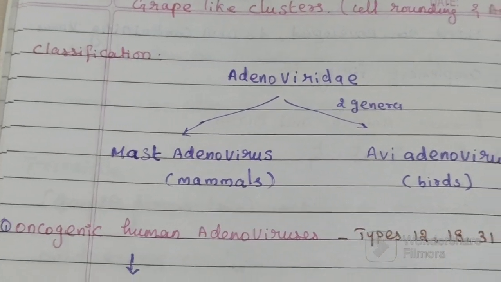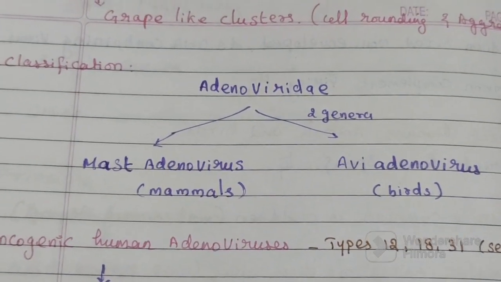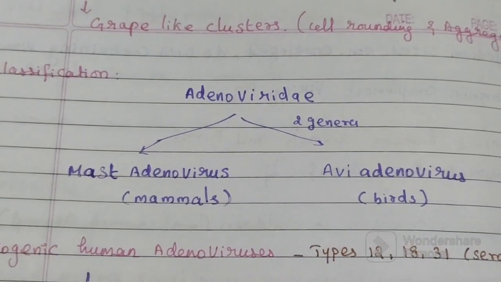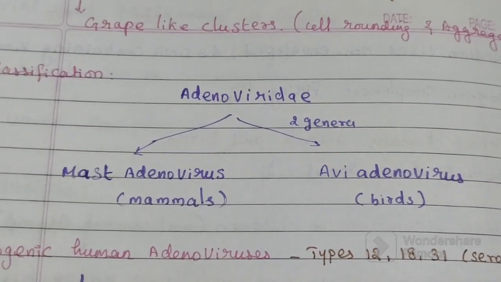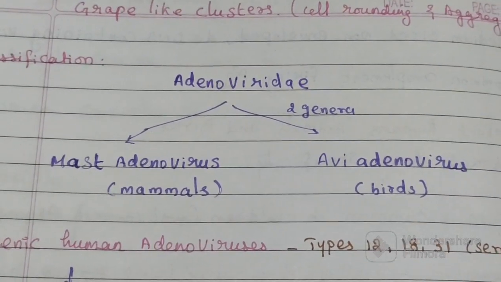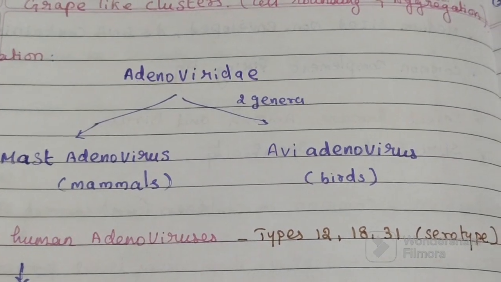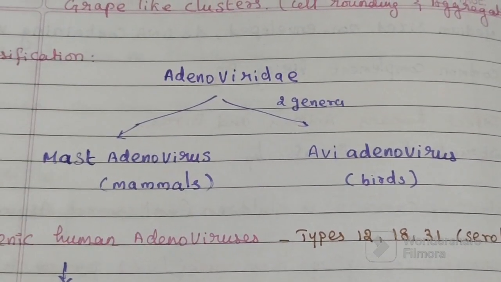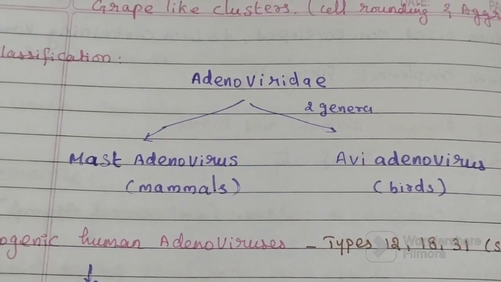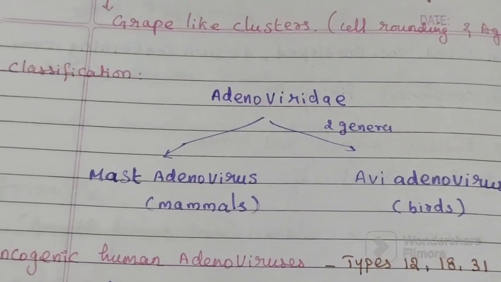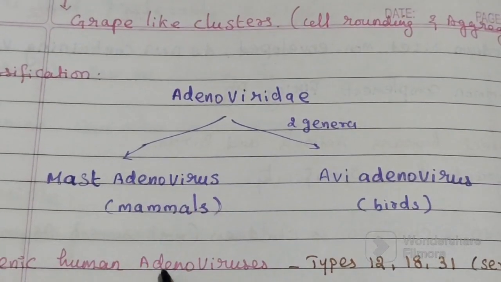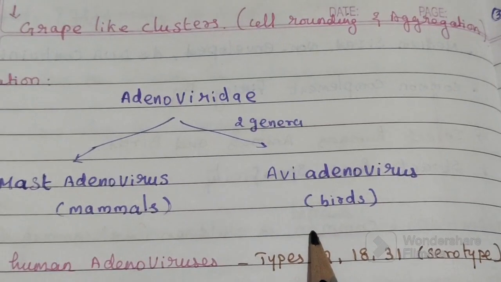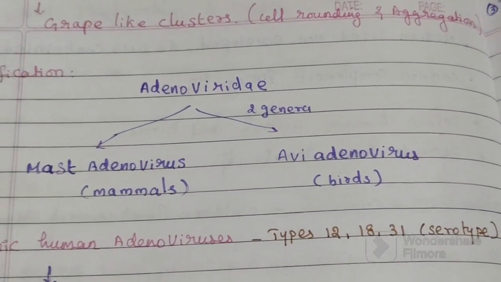Then classification. The Adenoviridae family is classified into two genera. One is Mastadenovirus, the adenovirus of mammals, and the second is Aviadenovirus, for birds.